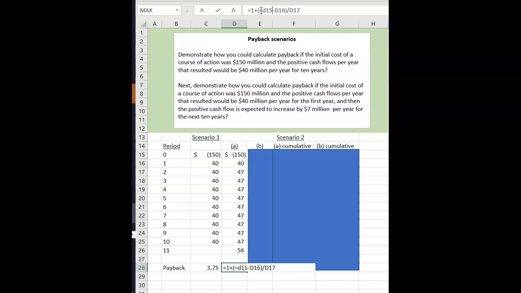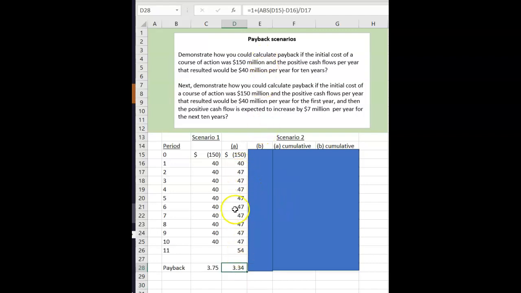So negative minus a positive. That's the same answer as soon as I put this in correctly. Okay, so you could do it the negative or the absolute value. I actually prefer using the absolute value, so let me Control Z. I'll put it back. Control Z just removes what you already did.